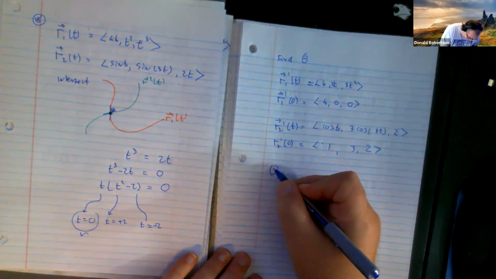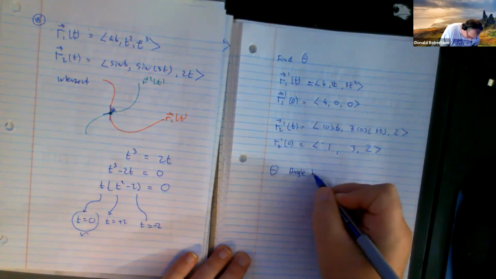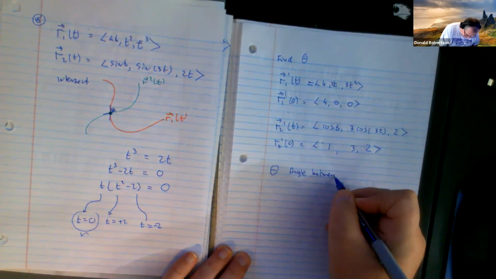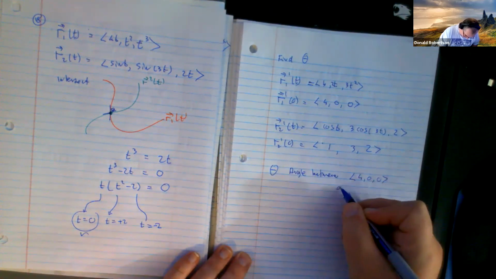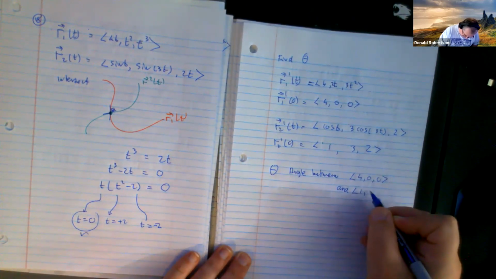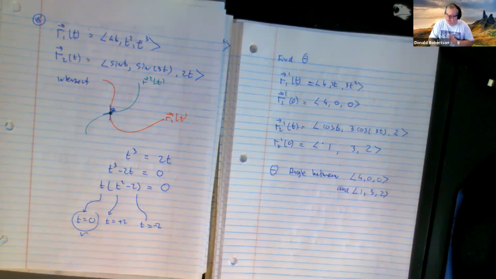Won't theta then be the angle between 4, 0, 0 and 1, 3, 2? Basically, you find the derivative vector, right?